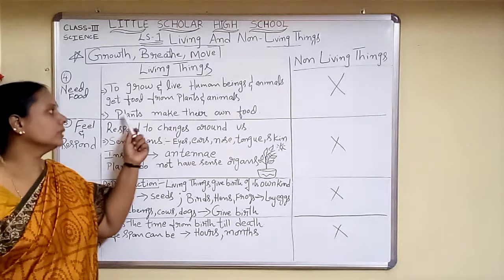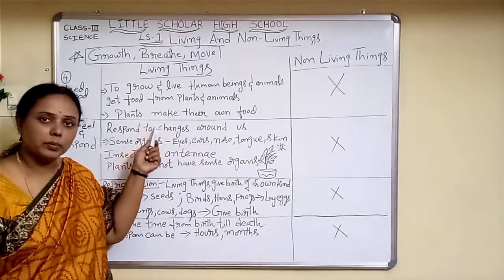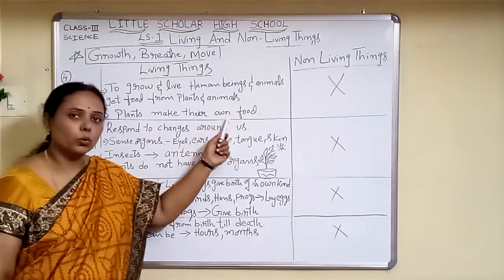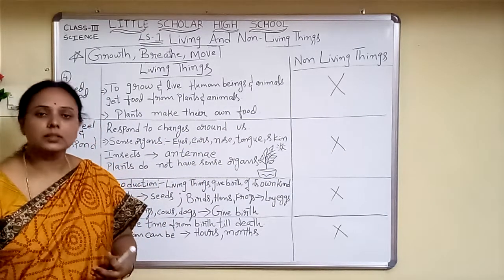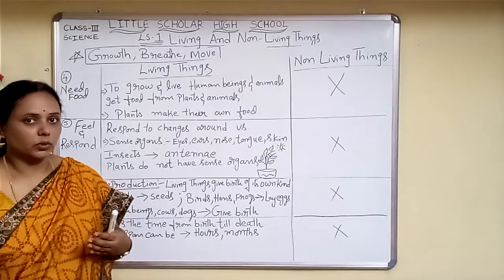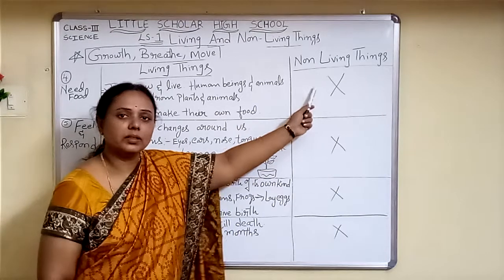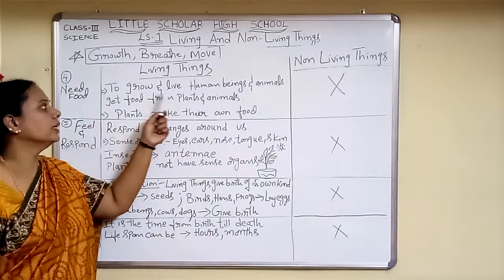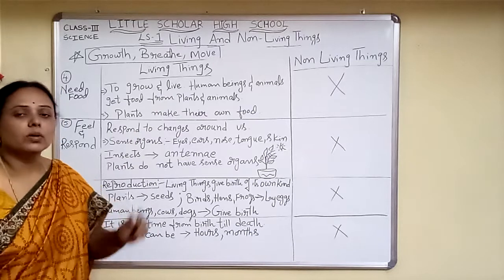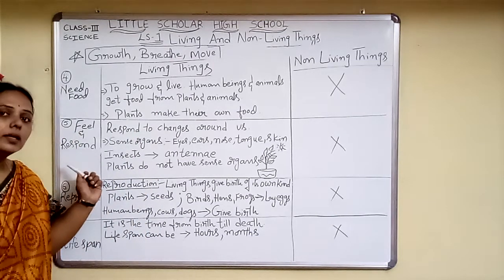Plants are capable of making their own food using sunlight, water, minerals and air from the atmosphere. And when we come to the same point related to non-living things, non-living things do not need food to live. Okay, children?